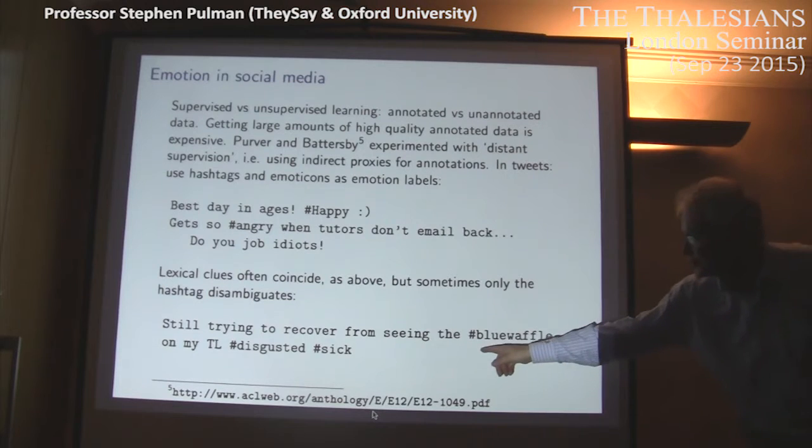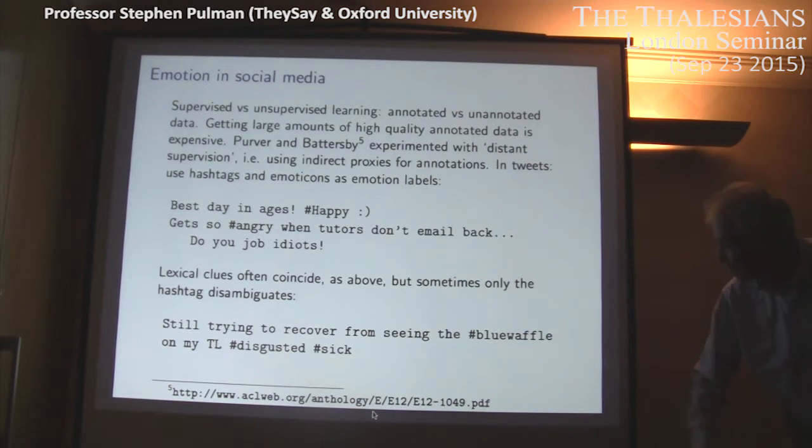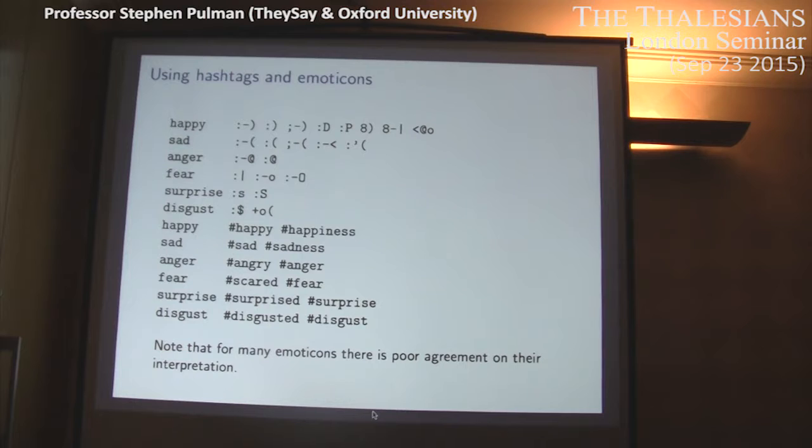So this one here, I don't know what hashtag blue waffle is, but I know that this is a pretty upset person. Anyway, collect lots of data like that. Again, the great thing about Twitter is just scale, so you can collect millions of these relatively quickly.